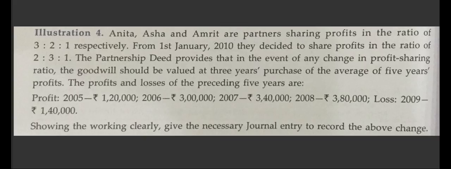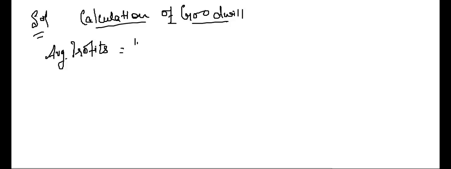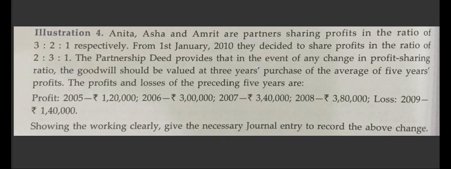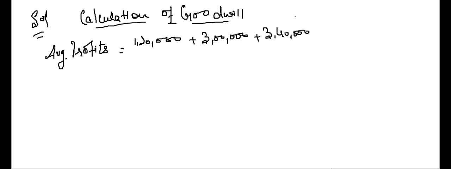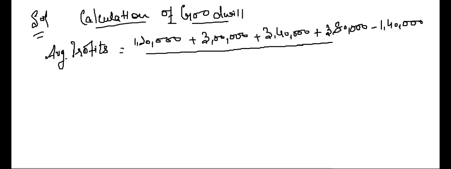What are the average profits given? 1,20,000, 3 lakh, 3,40,000, 3,80,000 and a loss of 1,40,000. This divided by 5.